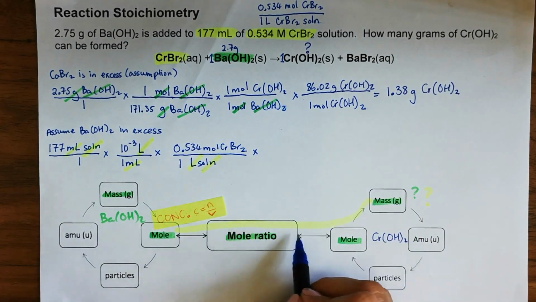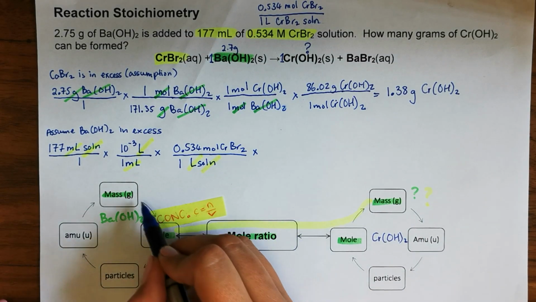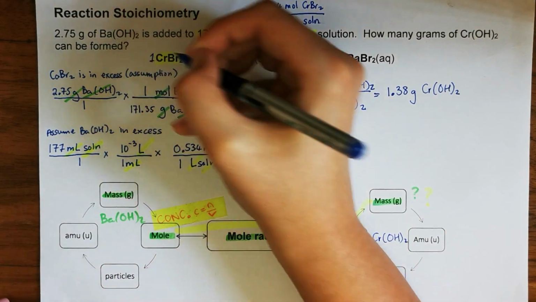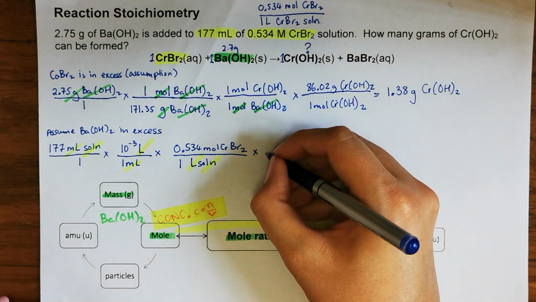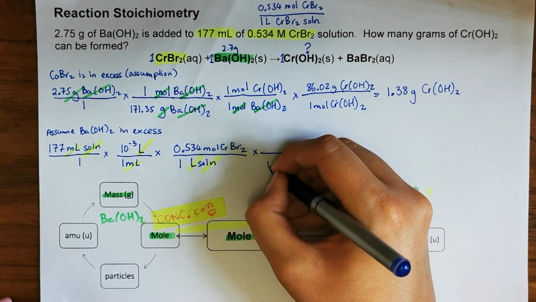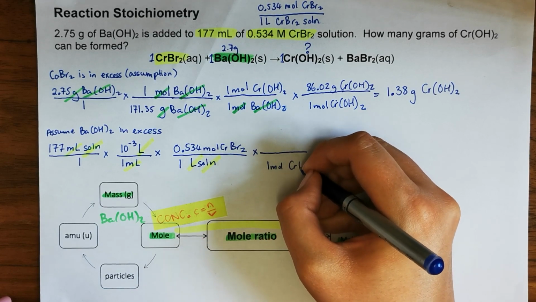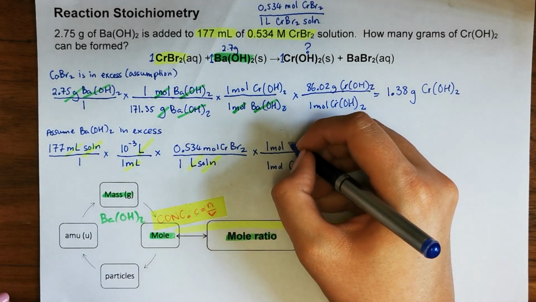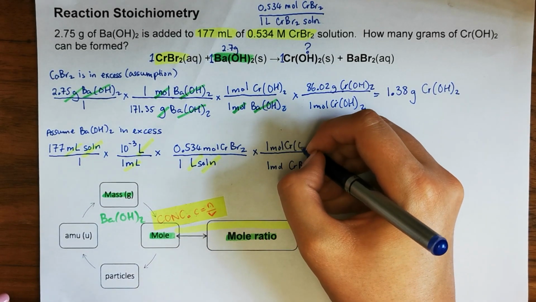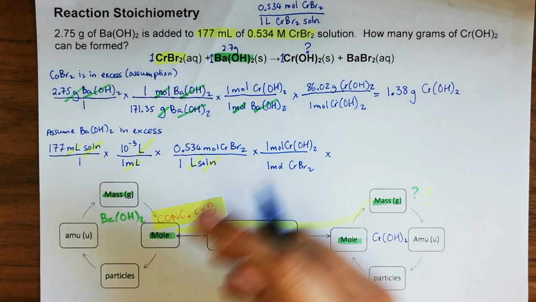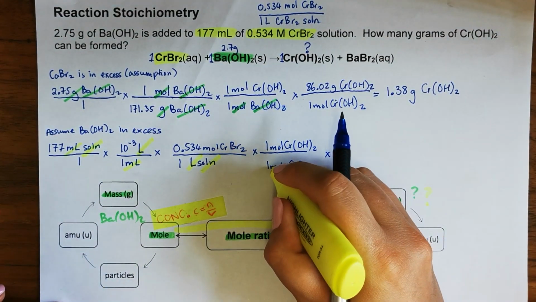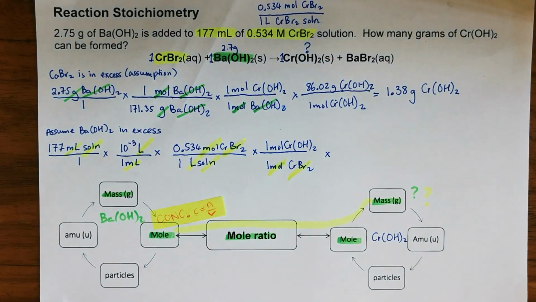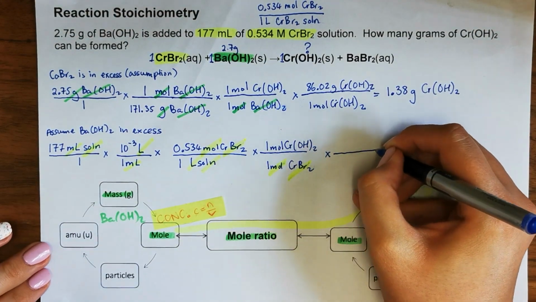We know we need to indicate that we understand the mole ratio, how the reactant reacts to make the product. And again, it was a 1-to-1 ratio in this example. So 1 mole of chromium bromide reacts to form 1 mole of chromium hydroxide. Cancelling quickly, unit label, unit label.